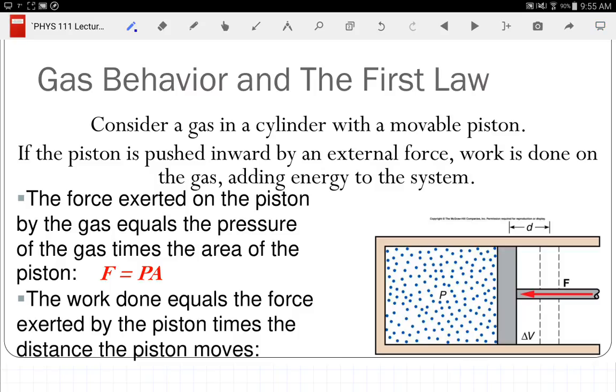Now, if we talk about a gas, instead of talking about things like force, we often talk about things like pressure. We introduced pressure before break. Pressure is the force per unit area. So in this picture up here, we have a gas container, and there's a certain pressure on the gas, and it's built to look like a piston.